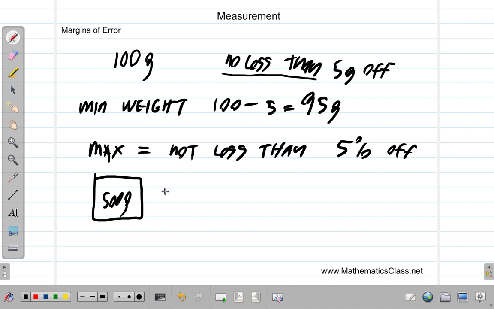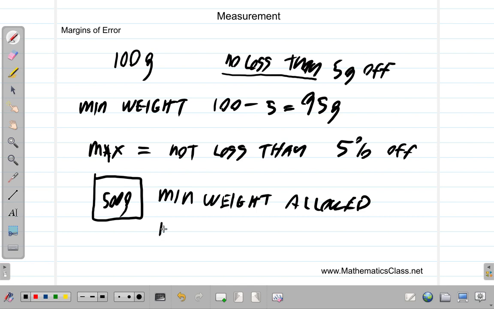Question is, what is the minimum weight allowed? How much error will be tolerated? What would be the margin? The margin of error is 5%. Minus 5% is 5% off. But the minimum weight allowed, in this case, now you're going to calculate how much smaller the bag is allowed to be.